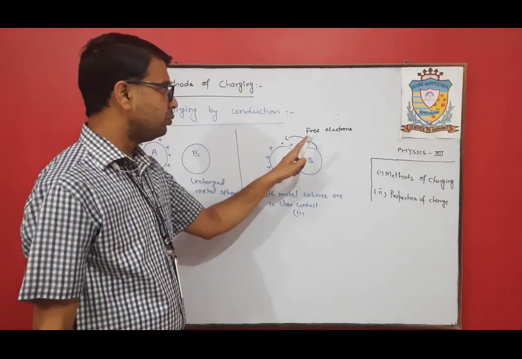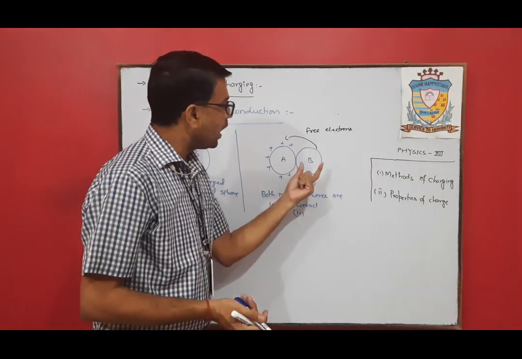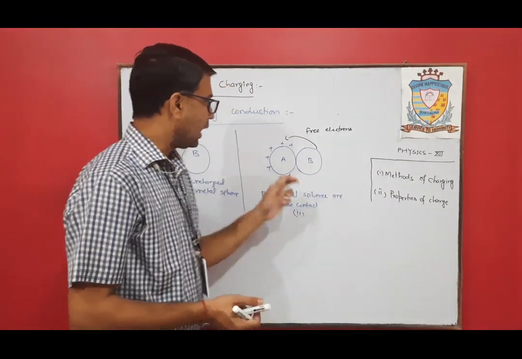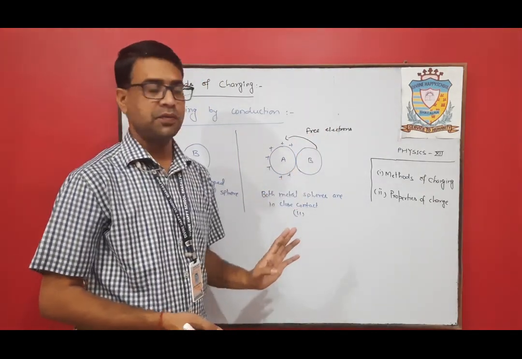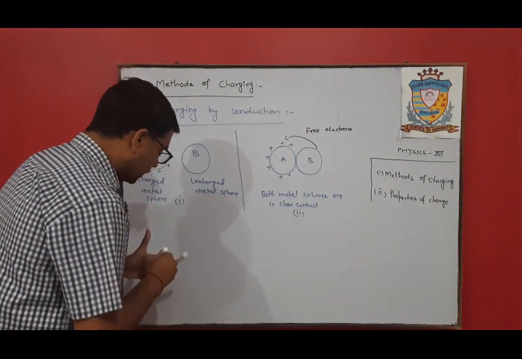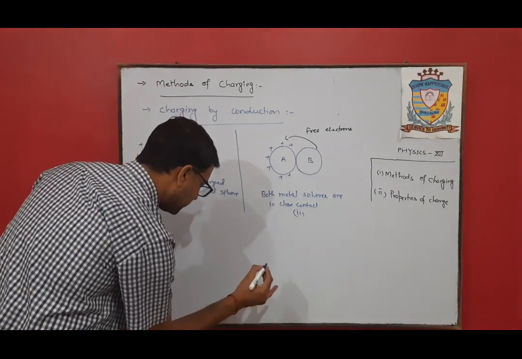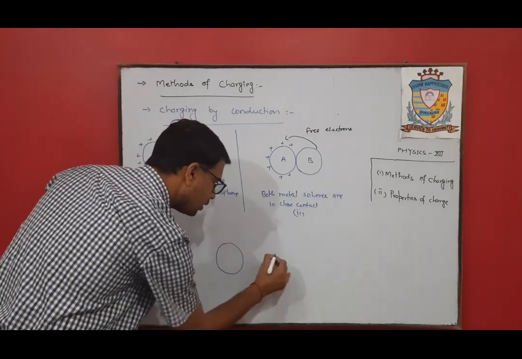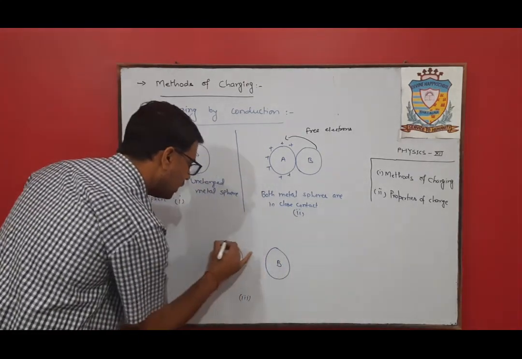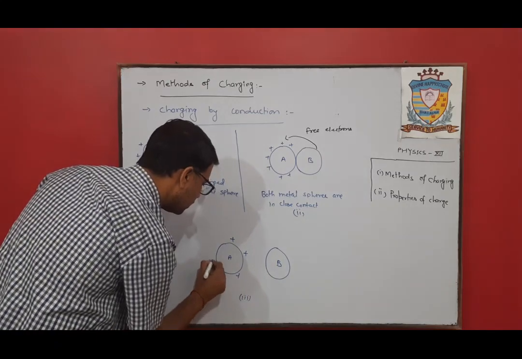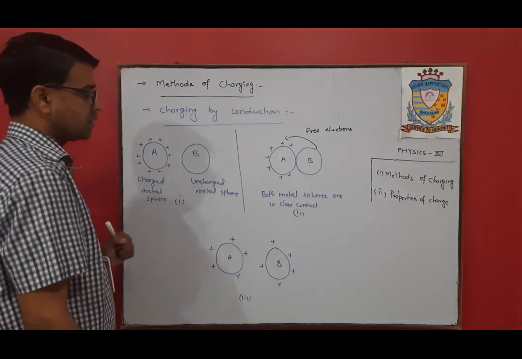And due to the movement of these electrons, some positive charge is generated at metal sphere B, and some positive charge of metal sphere A will be neutralized by these free electrons. So in case 3 we'll see, if we separate these two spheres, A and B, we will observe both metal spheres are charged now.